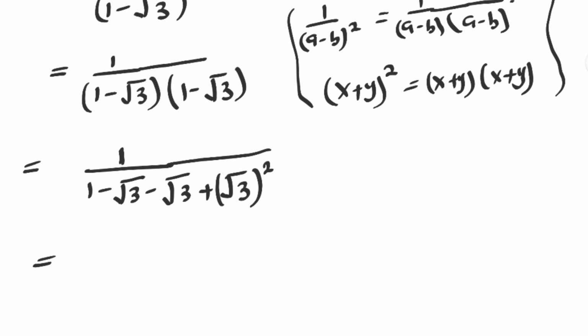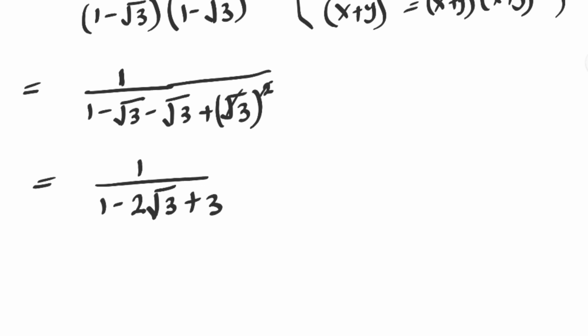This is equal to 1 over 1 minus root 3 minus root 3, which is minus 2 root 3. Then root 3 squared is plus 3. This is equal to 1 over 1 plus 3, that is 4 minus 2 root 3.